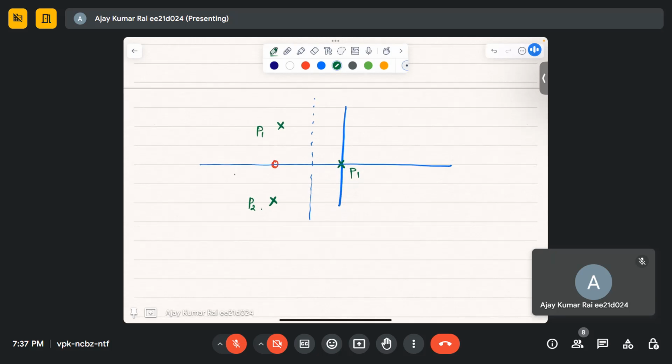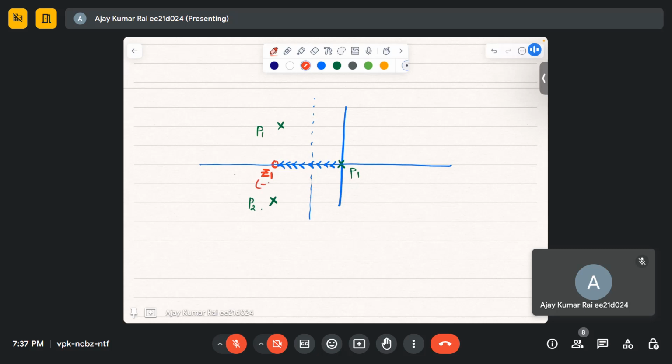First, let's make the root locus. You know the root locus goes from pole to zero, so I'm making this pole to zero. One of the root loci will go from P1 to this one, which I call Z1, because there will be no breakaway points.